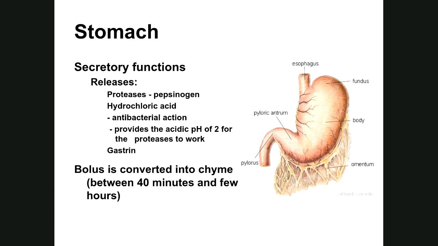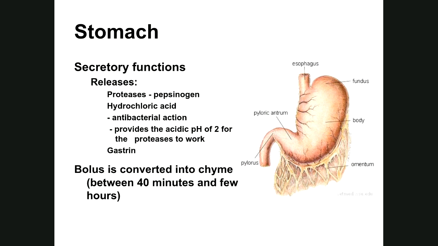It also produces gastrin. And this is where the bolus, what we call the food in the esophagus, is now called chyme. Producing the chyme takes between 40 minutes and a few hours.